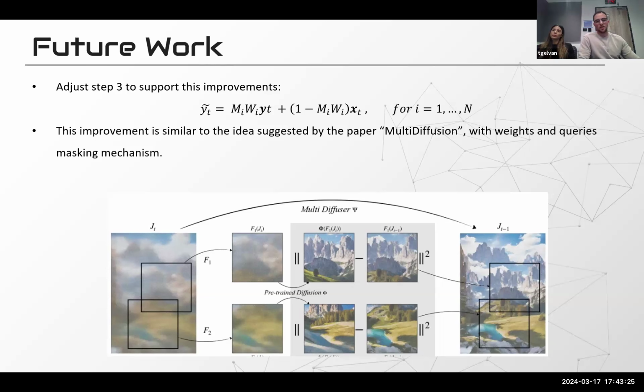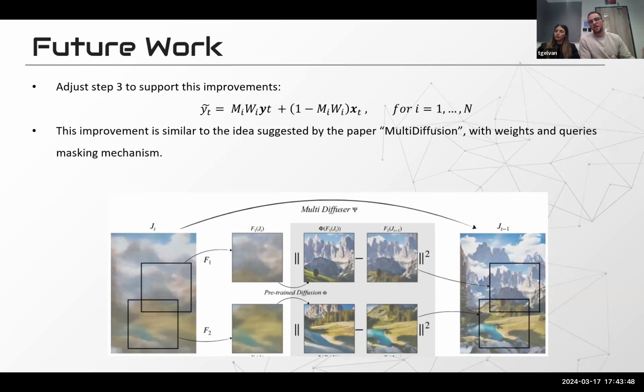We take the y_t, which is the previous decoding step, and we take from the encoding the rest of the picture for each mask. By doing that, we can preserve the background for each image, but still get very good results for different parts in the image.